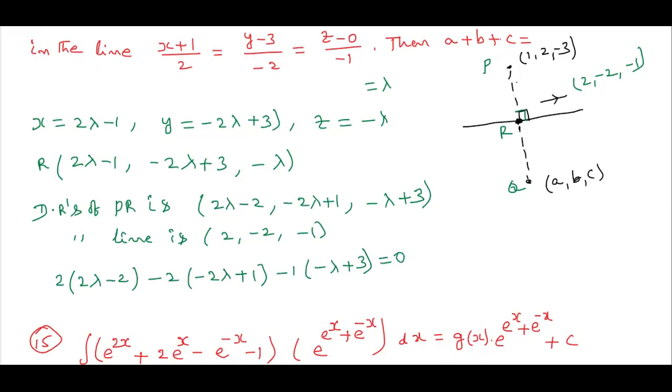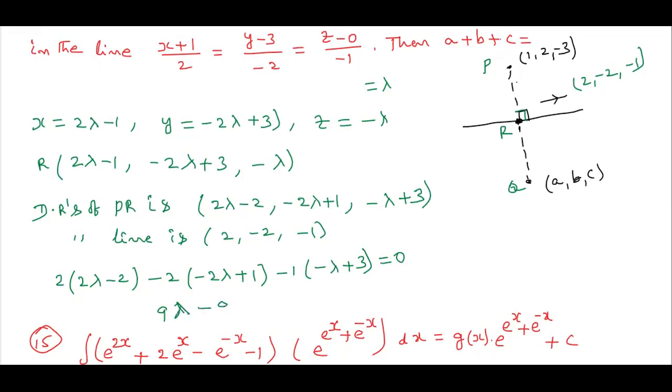Now calculate here: 2 into 2 lambda is 4 lambda, minus 4, plus 4 lambda, minus 2, plus 9 lambda. This is minus 4 minus 2 minus 6 minus 3 minus 9.